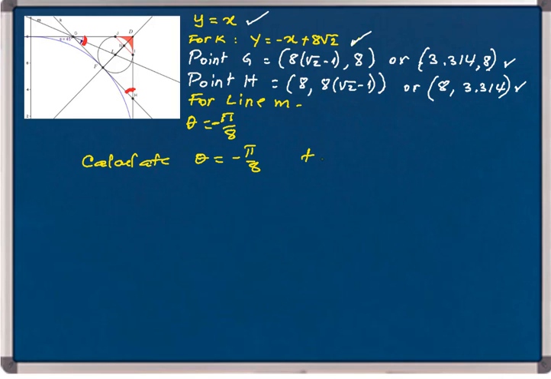We know that tangent of negative theta is negative tangent theta. All right, so we have to find tangent of pi over 8.